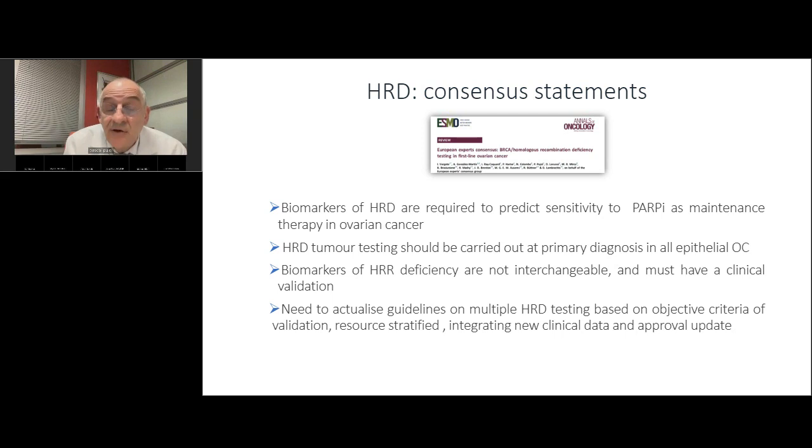They are needed because they are predicting sensitivity to PARP inhibitors. Biomarkers of HRD are not interchangeable and must have a clinical validation. That's why we are at this point to build new guidelines with a focus on HRD testing.